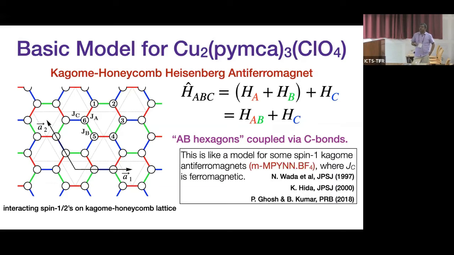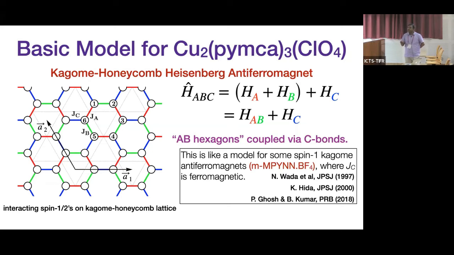In fact, it turns out this is not the first time such a geometry is arising in a material and prompting us to make some investigation. One of the earliest materials that has been known for the Kagome antiferromagnets relies on the same geometry.